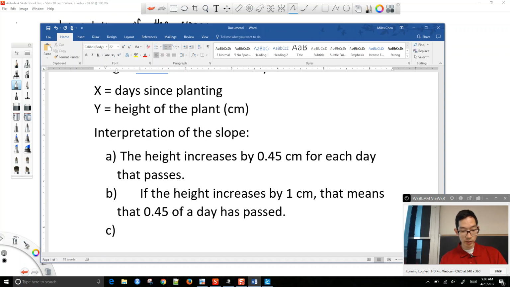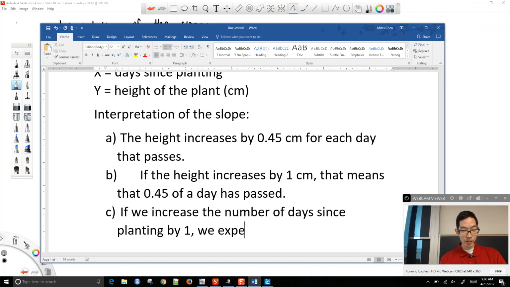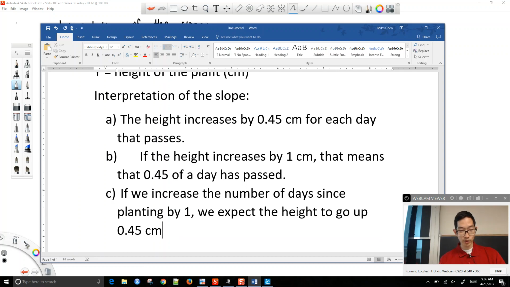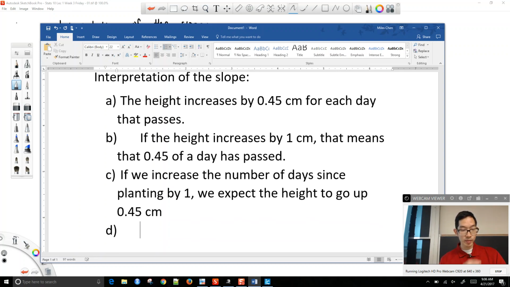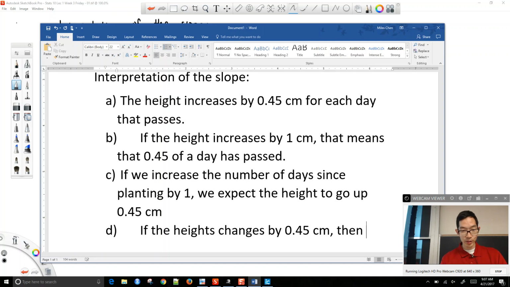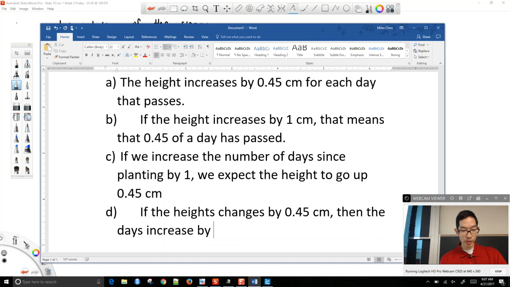C will be, if we increase the number of days since planting by 1, we expect the height to go up 0.45 centimeters. And then D will be, if the height changes by 0.45 centimeters, then the days increase by 1.